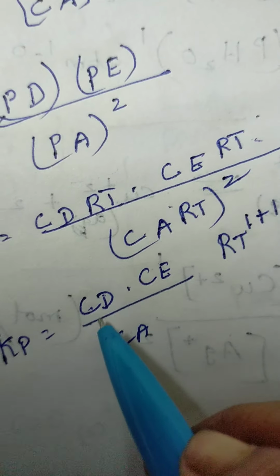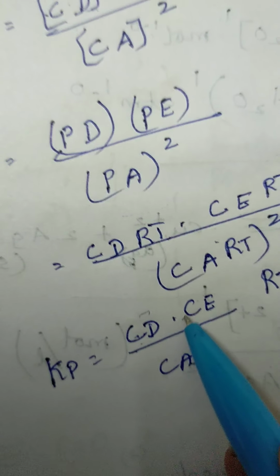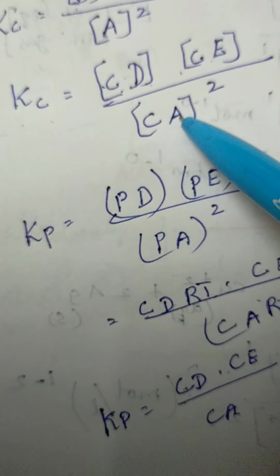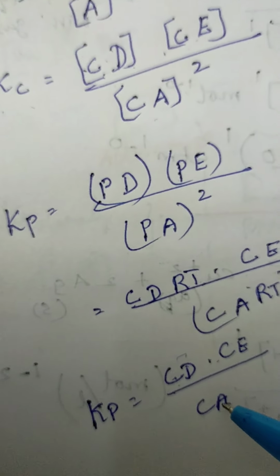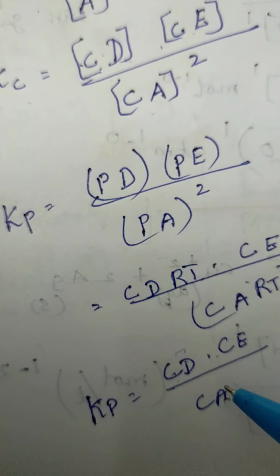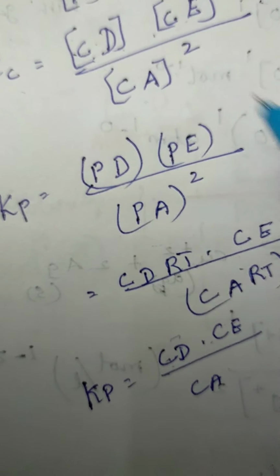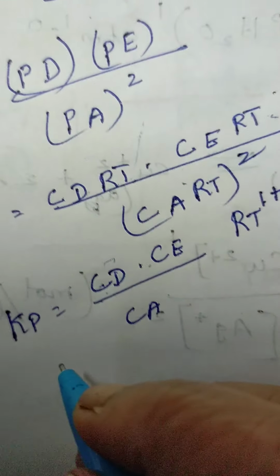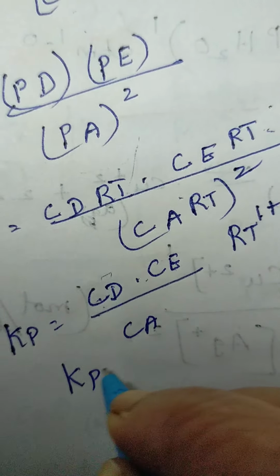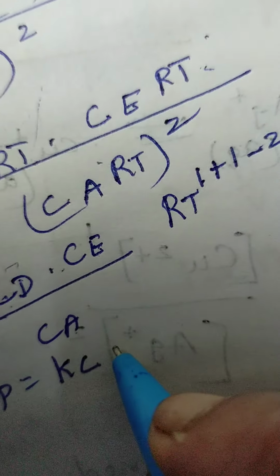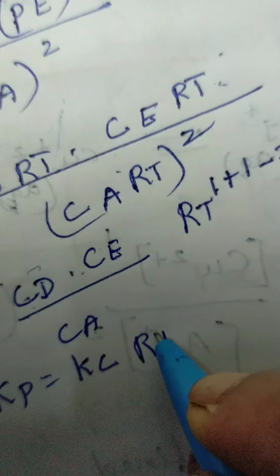Now C_D C_E by C_A squared is Kc. So Kp is equal to Kc and RT to the power 1 plus 1 minus 2.